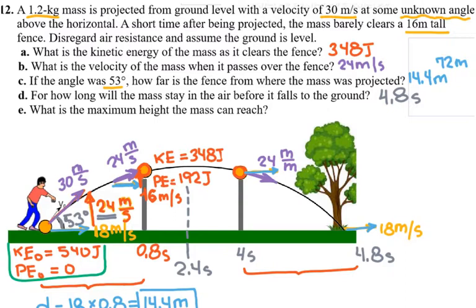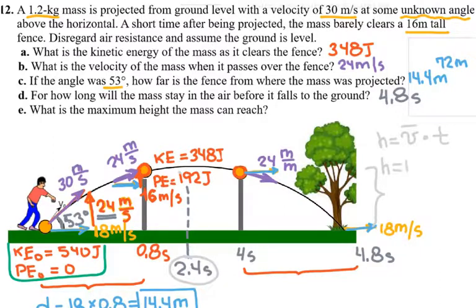So if I'm calculating the maximum height, I'm going to choose a different color. If I'm calculating this maximum height that it reaches, I need the average vertical velocity times the time to get to the top, which is 2.4 seconds. And the average velocity: it starts with 24 meters per second vertical velocity, and it loses all its vertical velocity all the way at the maximum position.